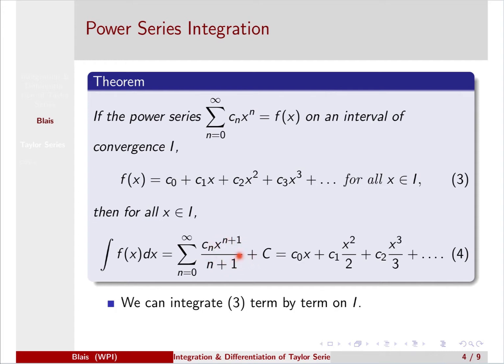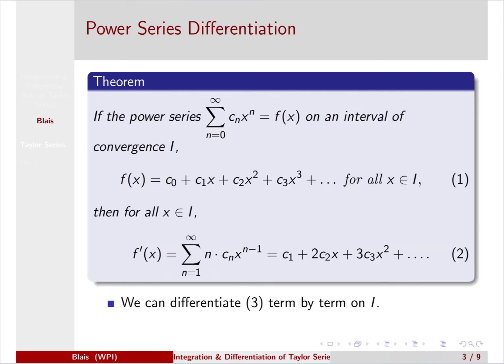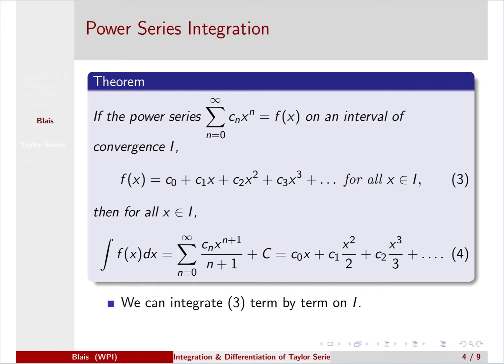We see here the general expression, the reverse power rule for computing an antiderivative, and here you can see it done term by term. Well, recalling that a Taylor series is a type of power series, this is nothing more than a power series with a very specific coefficient, c sub n here. So these results for power series apply to Taylor series.